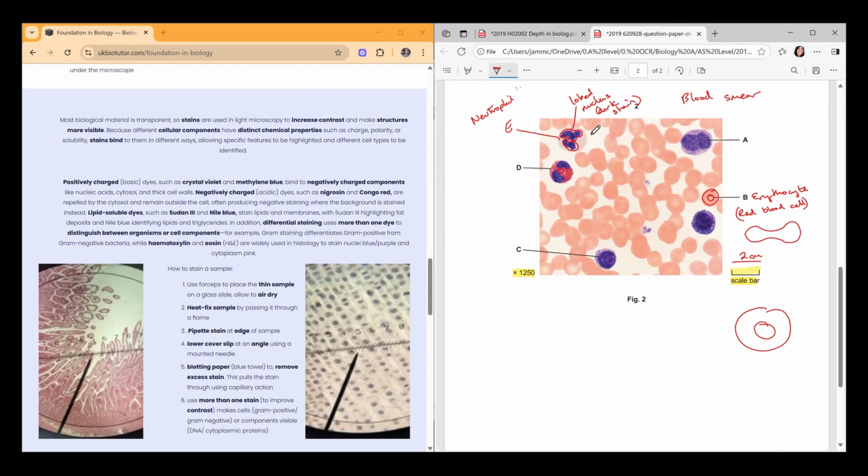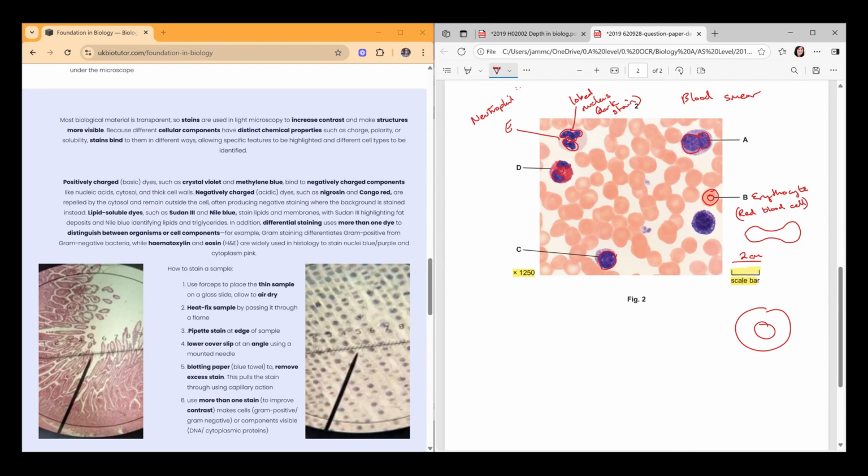We know we're not talking about the nucleus here because they've asked specifically about the cytoplasm. So if we're looking at the difference between the two, we're looking at the cytoplasm. So we're not looking at this section here, this section here, this section here. We're not looking at that because we know that that is the nucleus.